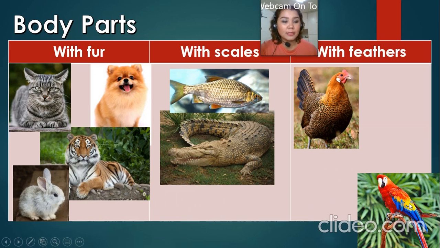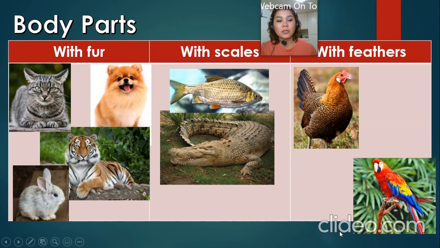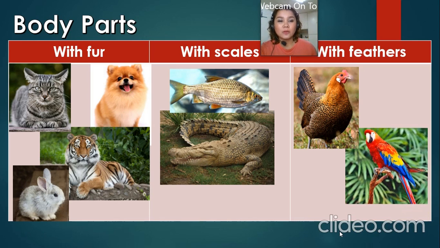And then, lastly, the parrot. What could it have? Fur, scales, or feathers? Which one is similar with regard to the body covering? Okay, it's with the chicken. So the parrot also has feathers.